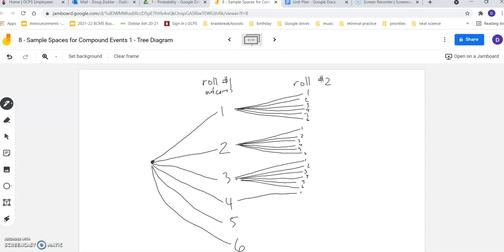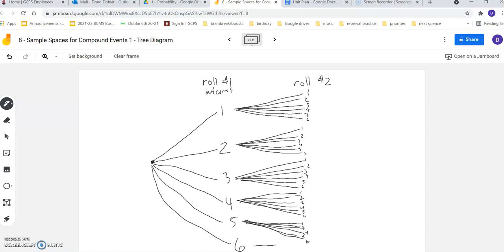Go ahead and write them all down. 4, 6 possible outcomes. 2, 3, 4, 5, 6. I don't even think I have space to do it, hardly. 5, 1, 2, 3, 4, 5, 6.